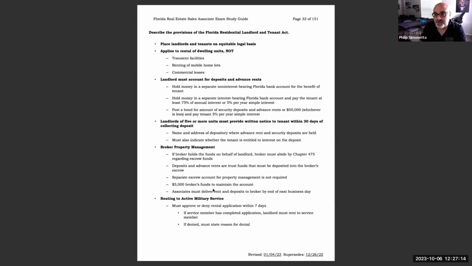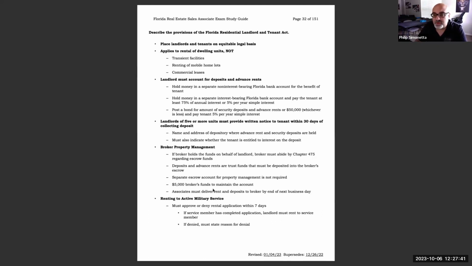The people are putting their trash outside and there are no dumpsters, and they're suing because the landlord has to provide trash service. It's going on right now. It applies to the rental of dwelling units, not transient facilities, not Airbnb, not hotels, not mobile home lots, not commercial leases.